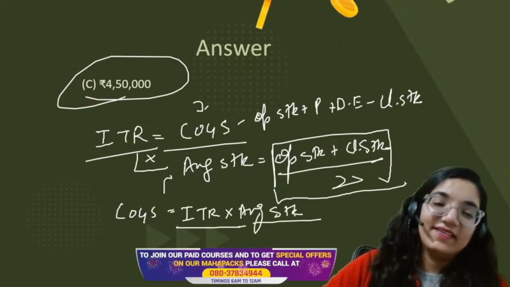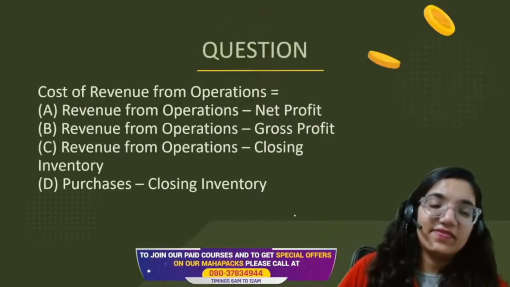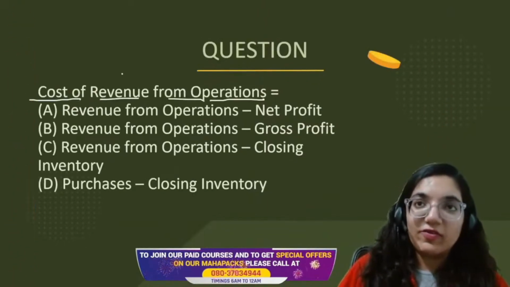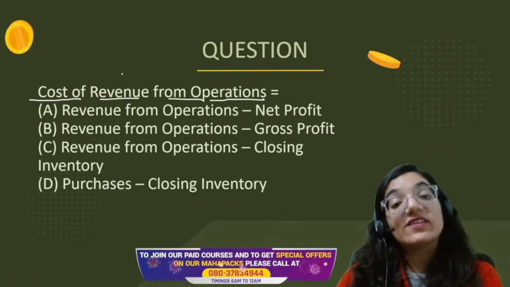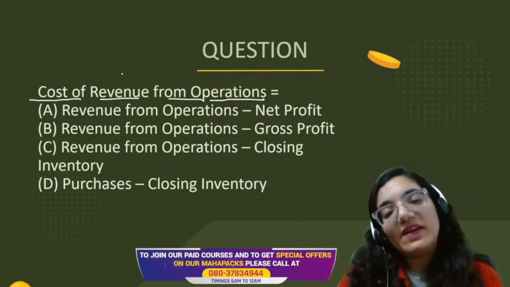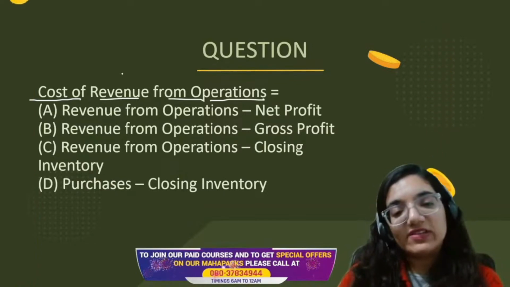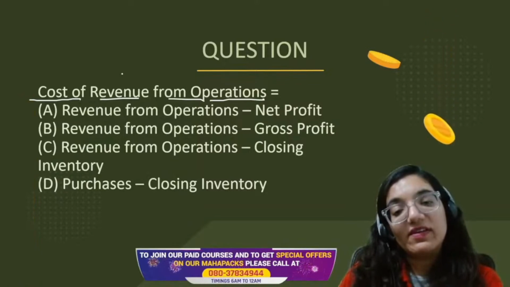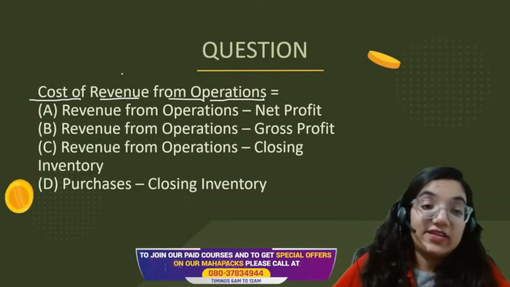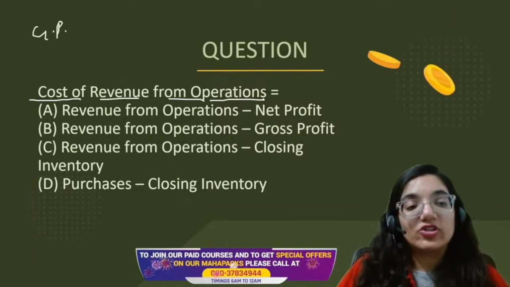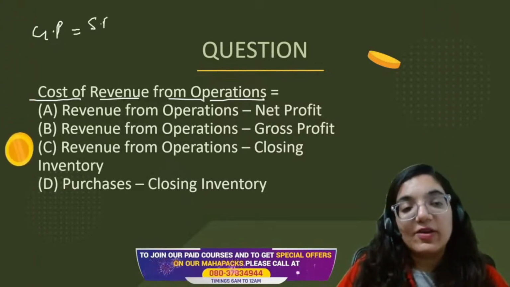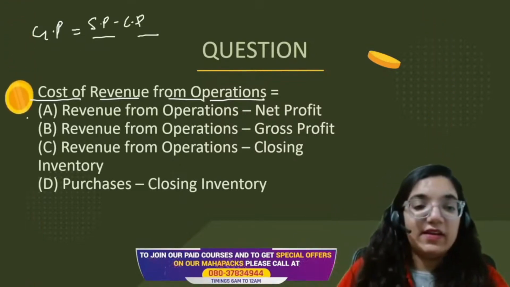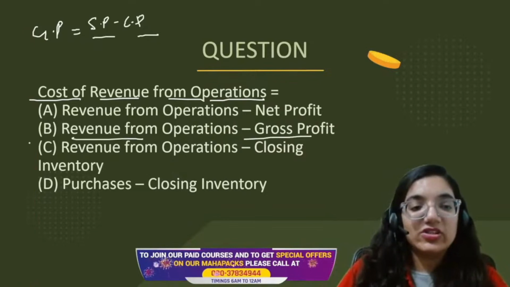Then, the cost of revenue from operations. Revenue from operations means sales. So what is the cost? Revenue from operations minus profit. Revenue from operations minus GP. If we are looking towards cost, our gross profit or the production based profit is always your selling price minus your cost price, SP minus CP. That would be revenue from operations minus GP.